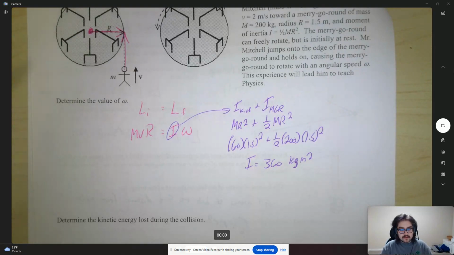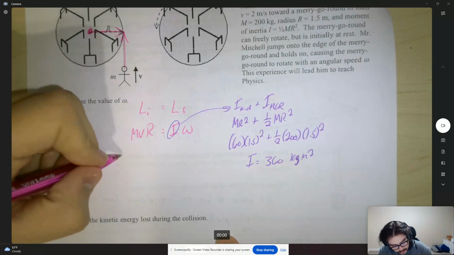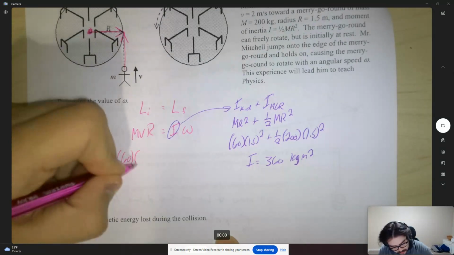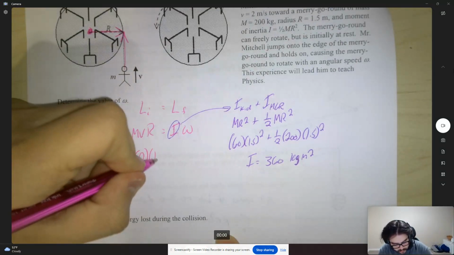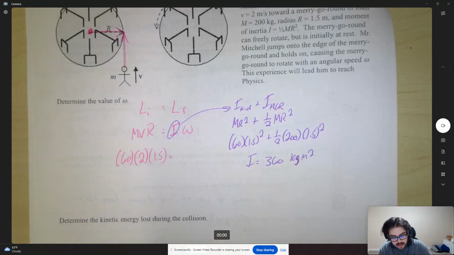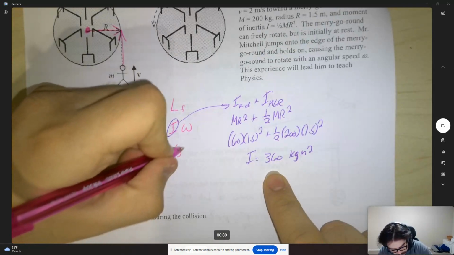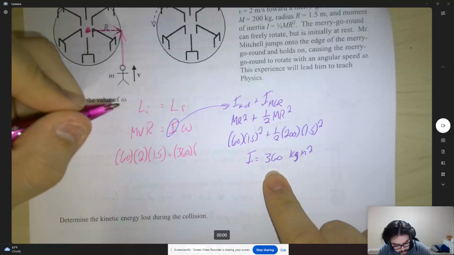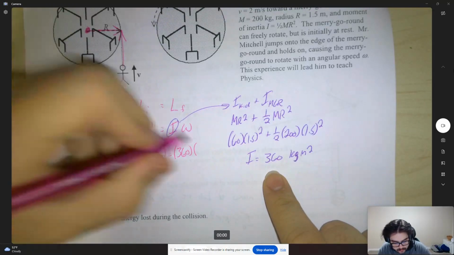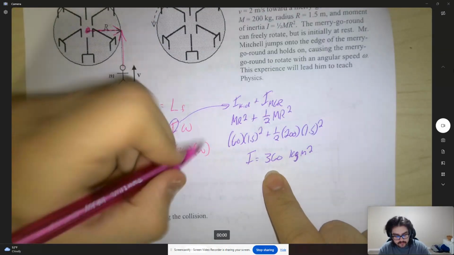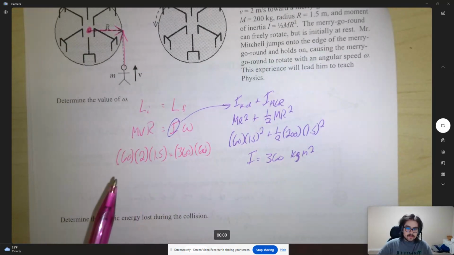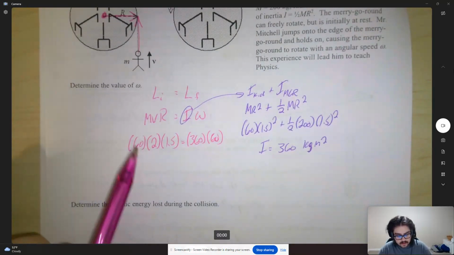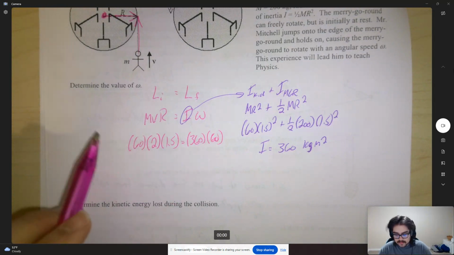The mass ends up being 60. The velocity is 2. This is all stuff coming straight from the problem. I already got I is 360, so I don't need to recalculate that. Omega we don't know, so we're going to figure that out. All I have to do now is multiply everything together.